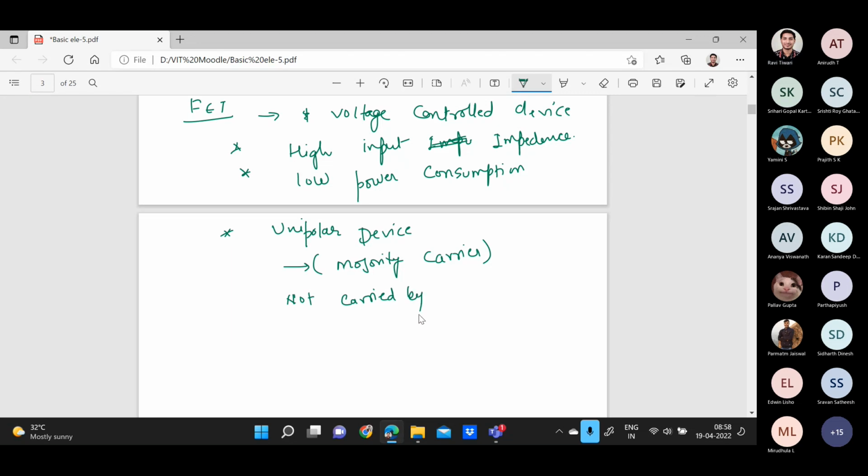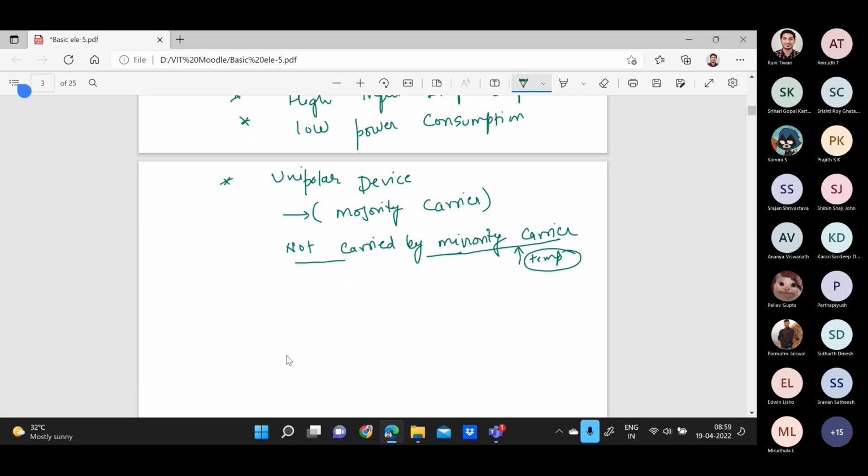As we saw in BJT, the current was carried by both majority and minority carriers, and in the minority carrier there is a large effect of temperature. But here, as there is no current carried by the minority carrier, there is no effect of temperature. And the gain is characterized by the transconductance, which we will see in detail.